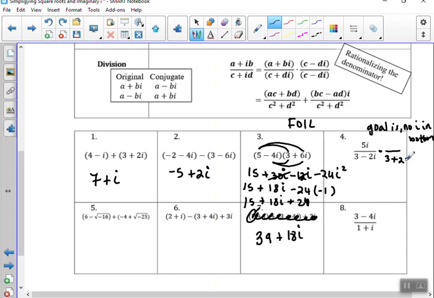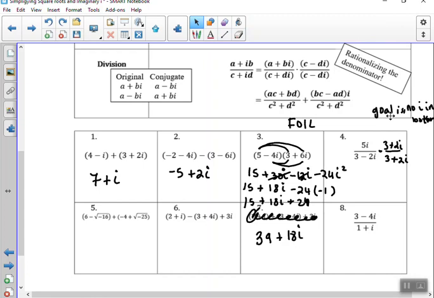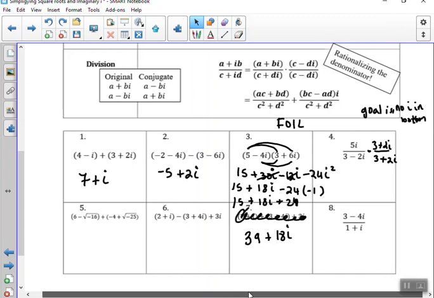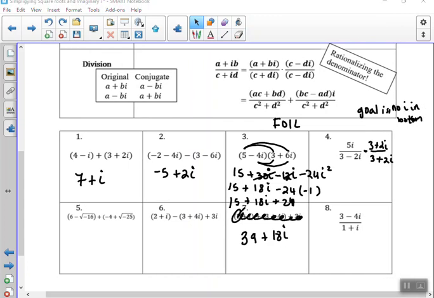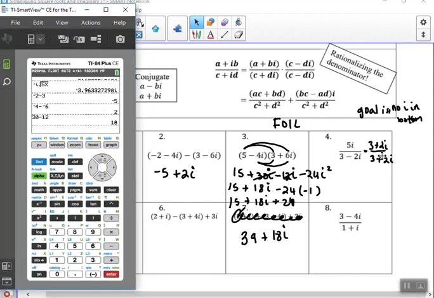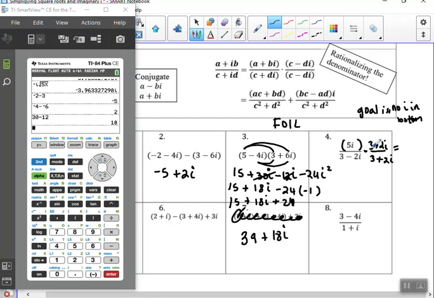So you're just going to multiply by the conjugate on top and bottom. All right, let's go ahead and take our calculator's help at this point. I'm multiplying it, so I have to do 5i times 3 plus 2i.